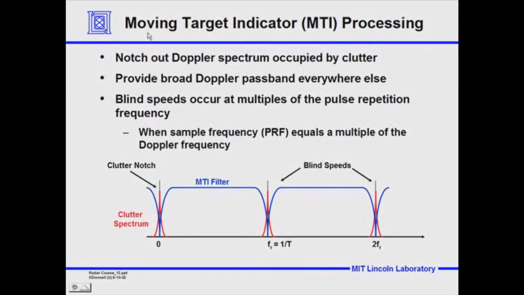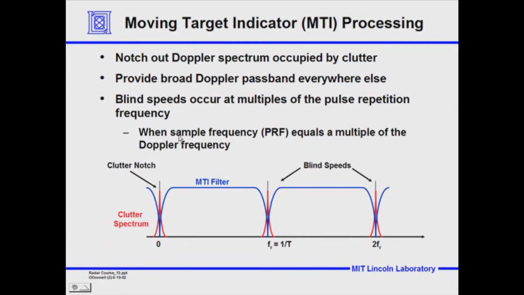Okay. Now, with MTI processing, what we do is we notch out the clutter spectrum. Remember I said it's a high-pass filter. It provides a broad Doppler passband everywhere else. Now, at times 1 over the sample time, we have blind speeds occur. And they occur at multiples of the pulse repetition rate.